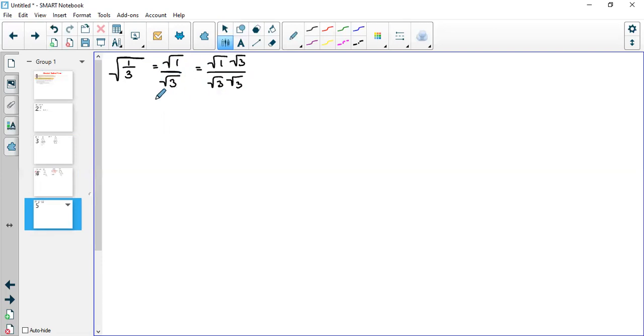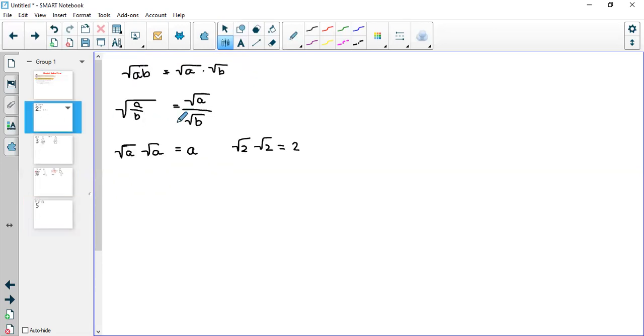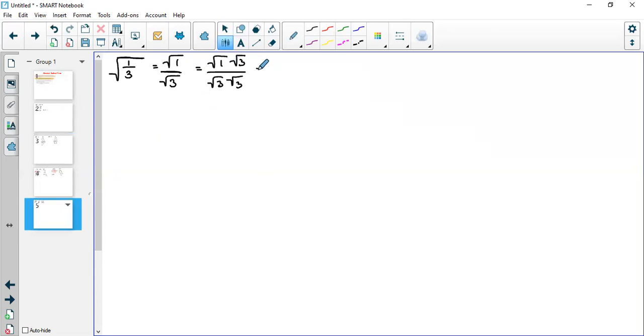Now again, going back to the rules, can you see that I told you when there are two numbers here, if it is a and a, that would result in a simple number. So similarly here, we have the same. So that would mean the square root of 3 times the square root of 3 would give you a 3. Right? And then what are you going to do with this 2? This 2 could be written as 1 multiplied by 3, which is going to give you the square root of 3 over 3.